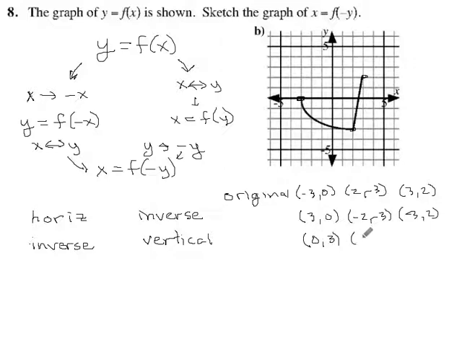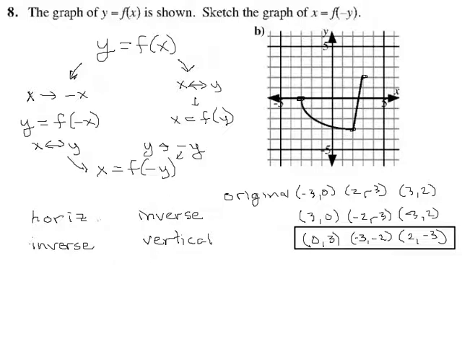They trade places. This becomes minus 3, minus 2. And this one becomes 2, minus 3. So if we do the first path, this is where we end up. Those are our transformed ends, or corners, for the curve.